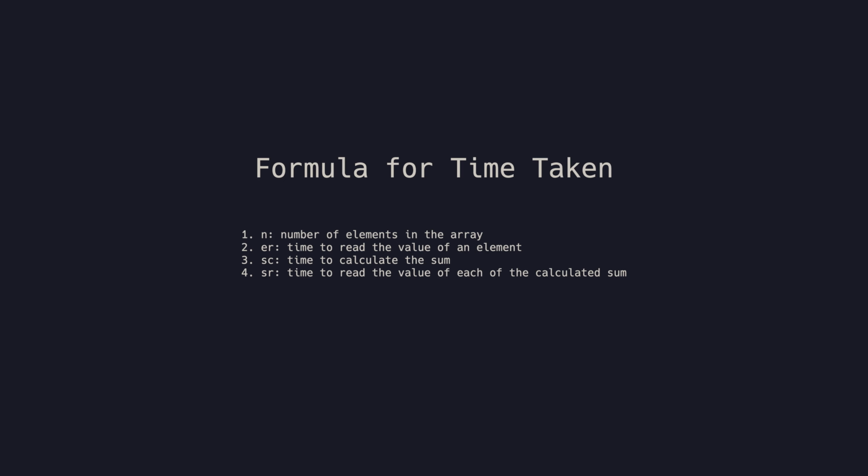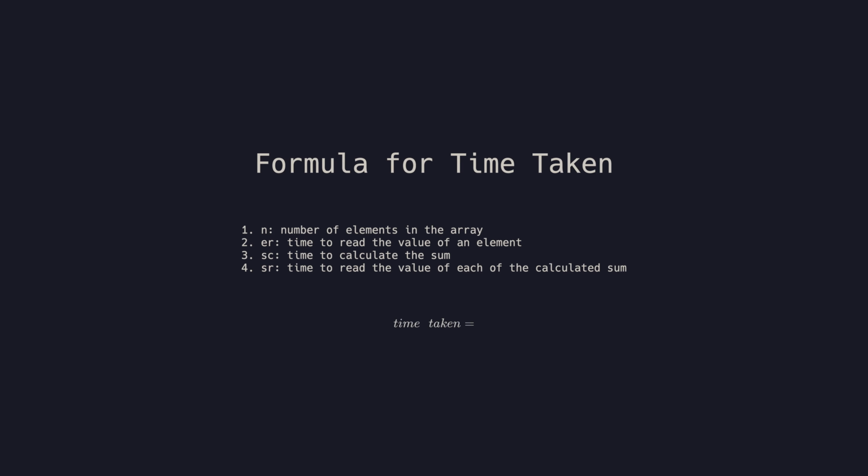Since the value of each element needs to be added to the value of each element of the array, the time taken by this algorithm is the number of elements n times the number of elements n times a sum of the time taken to read the value of the element er and the time taken to compute each sum sc. Finally, we need to add the time taken to read the sums. This will be n times n times the amount of time to read each sum sr.